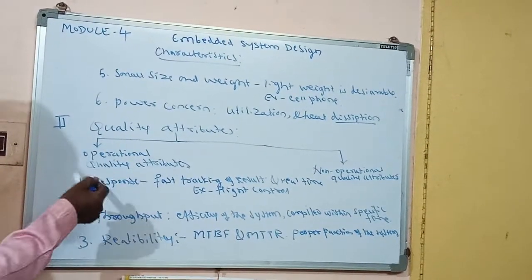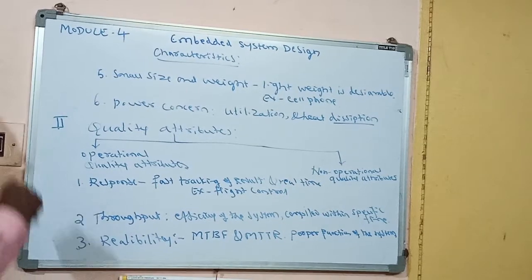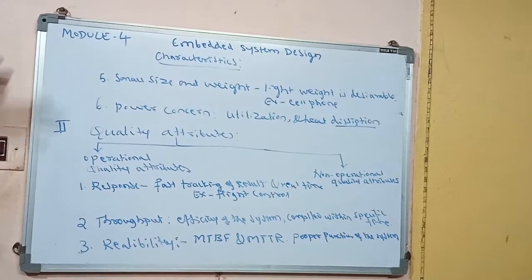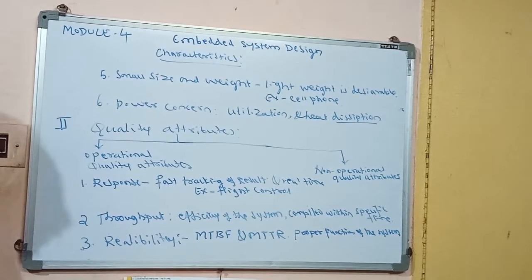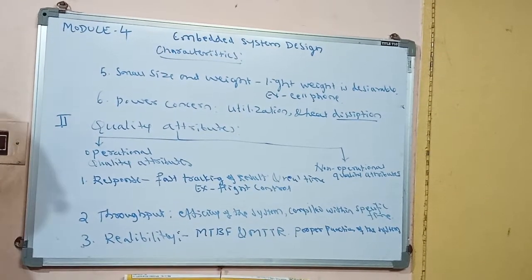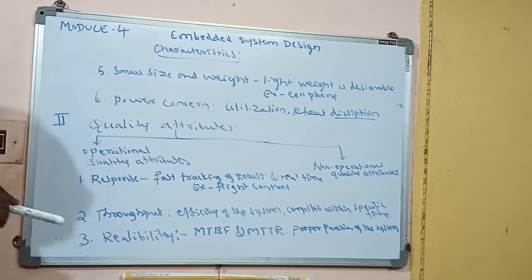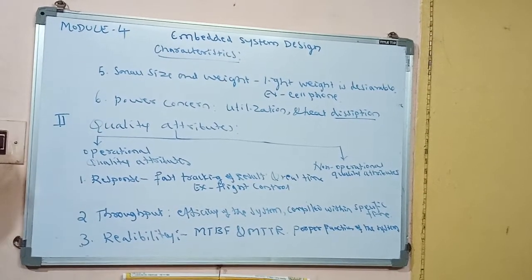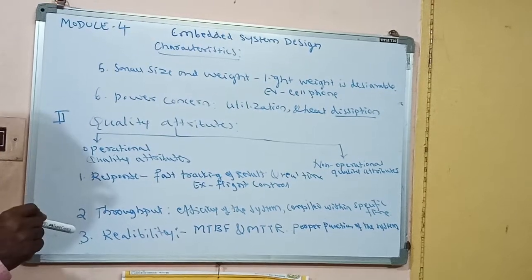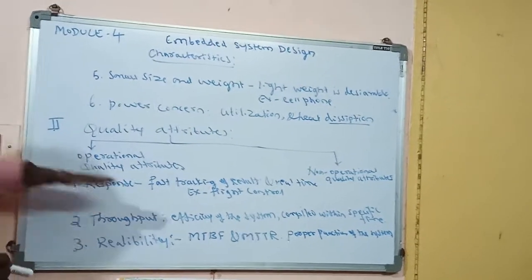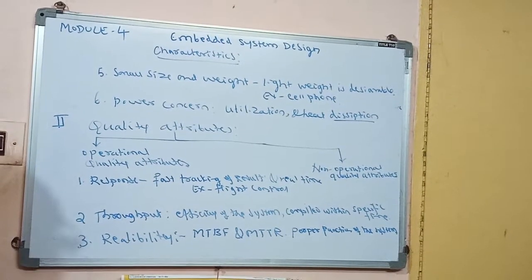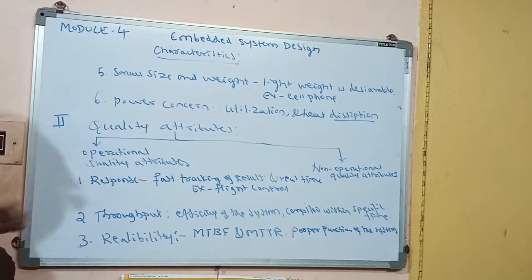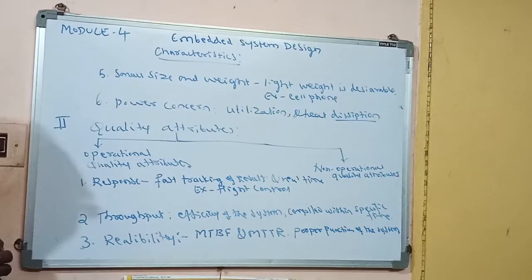In operational quality attributes, number one is response. Now I am designing an embedded system that should be very responsive. Whatever the input, it should be tracked very quickly and the results displayed very quickly. That is also real time. Then the response is very fast. Nowadays customers require quick results, and real time is most important.